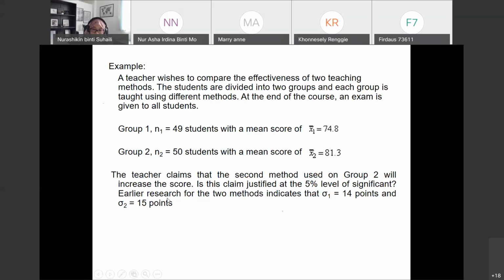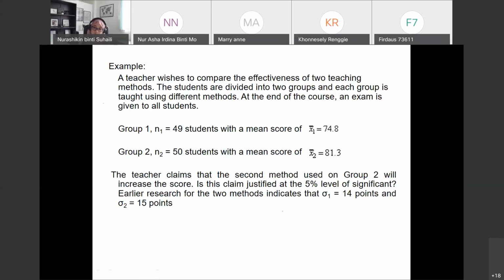Earlier research for the two methods indicates that the standard deviation, this symbol is called sigma in mathematics, sigma 1 is equal to 14 points and sigma 2 is 15 points. Sigma is standard deviation. So apparently it's mentioned in the question that the standard deviations are given. So you know that this falls into the category when the standard deviations are known.